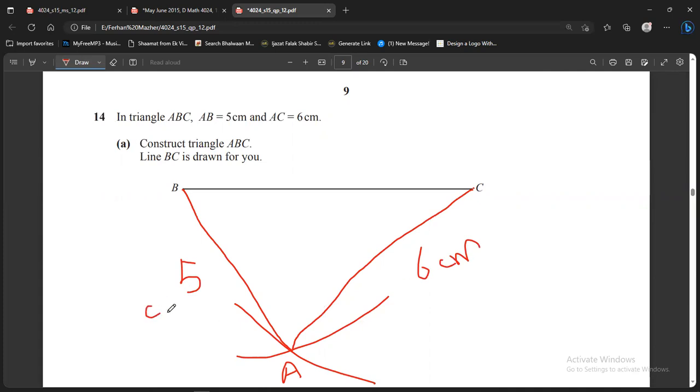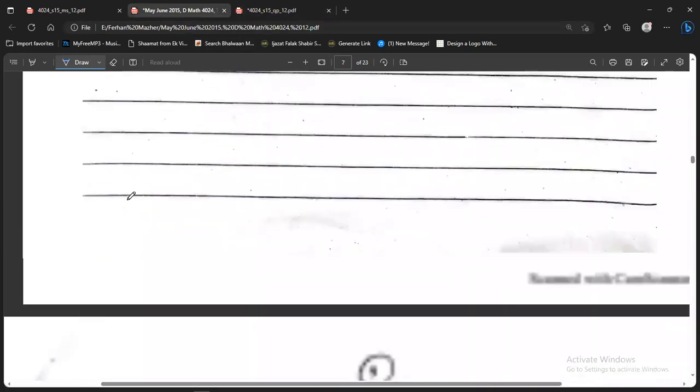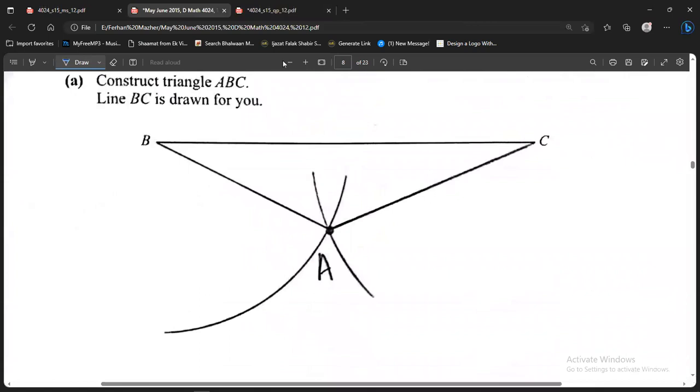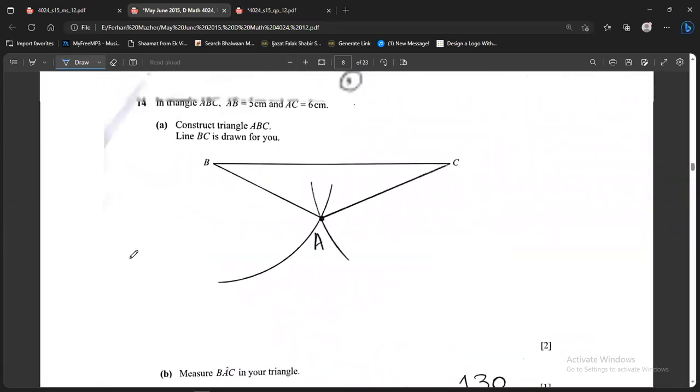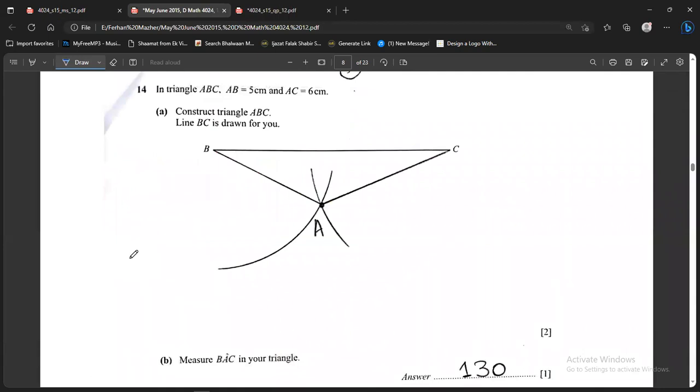Okay, so this is how you will do this. Let me show you. I have done this on a paper. I will open my compass 5 centimeter. I will place the compass needle on B, I mean, I will take this as center and I will draw this arc.